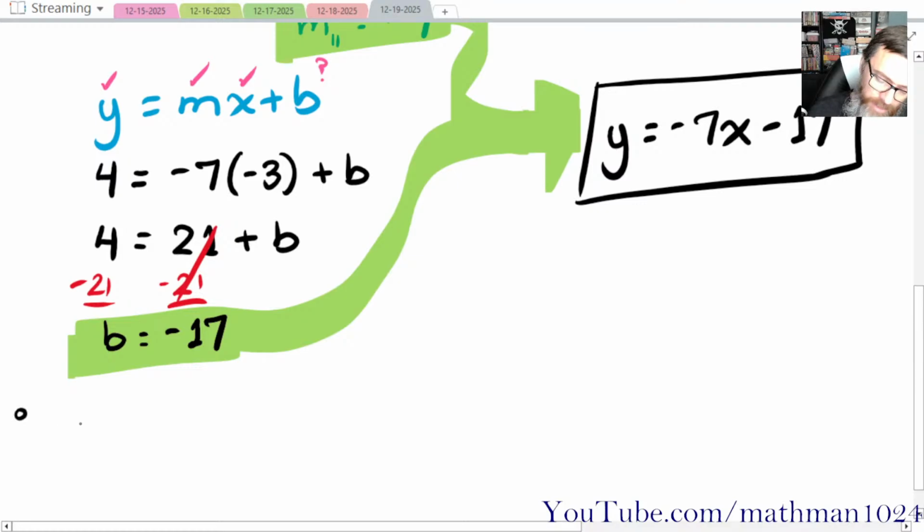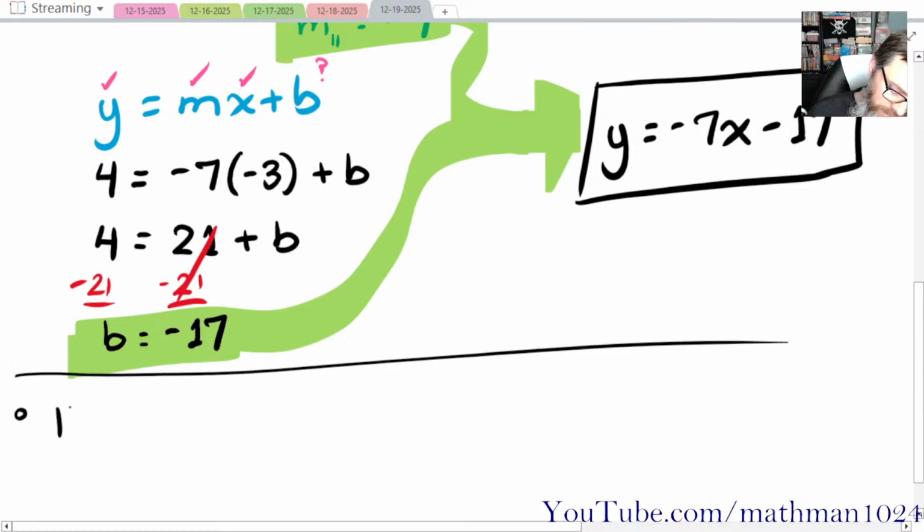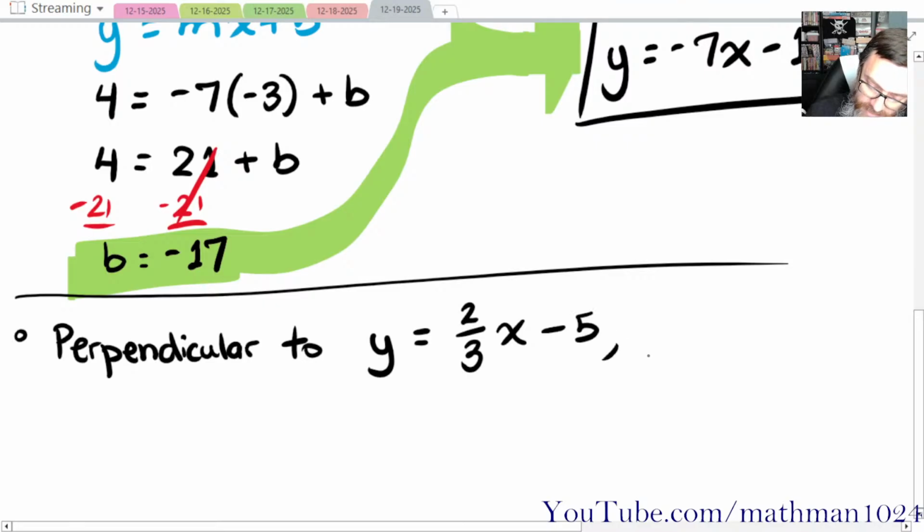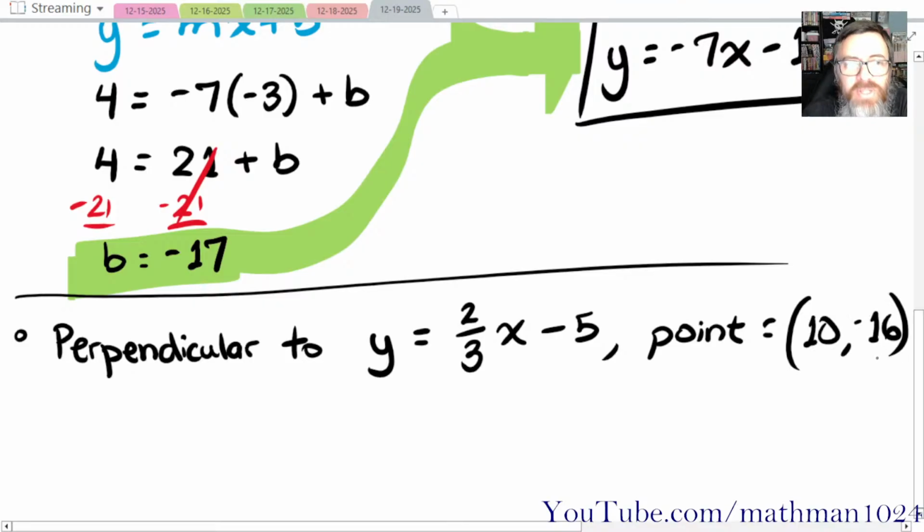Let's do an example with perpendicular lines. So if I want to be perpendicular to y equals 2/3 x minus 5, and a point that I go through is negative 16.